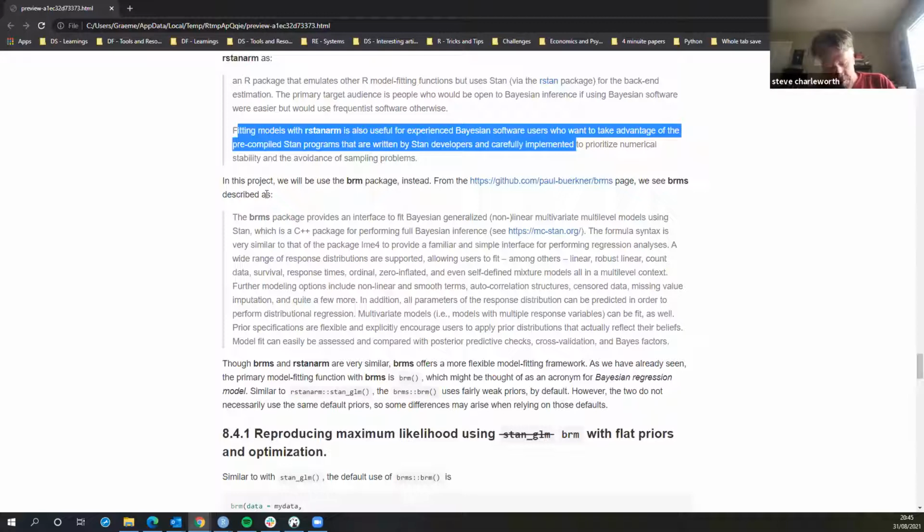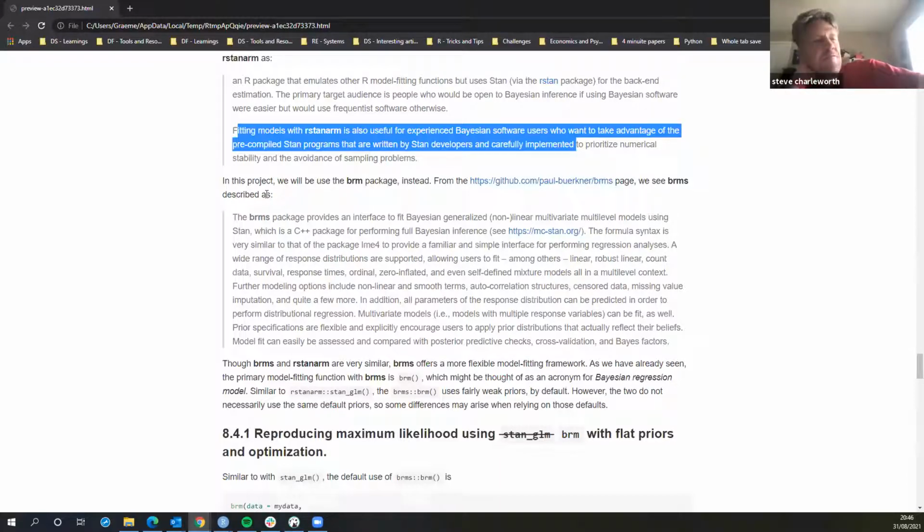But it seems to me so far that stan_glm and rstanarm is kind of a quicker way from point A to point B. With the other approach, if you really wanted to get into the weeds and learn how to use Stan, you have a lot more control over your models, but you might not need that much control.